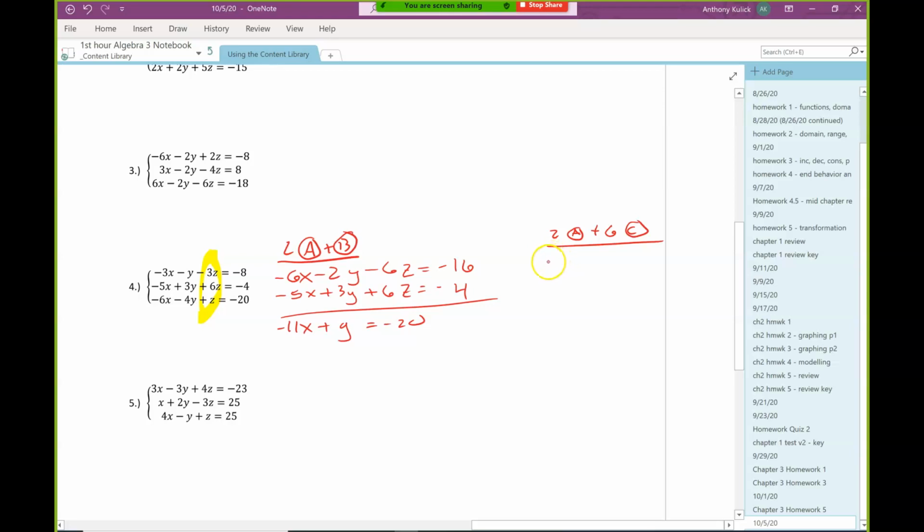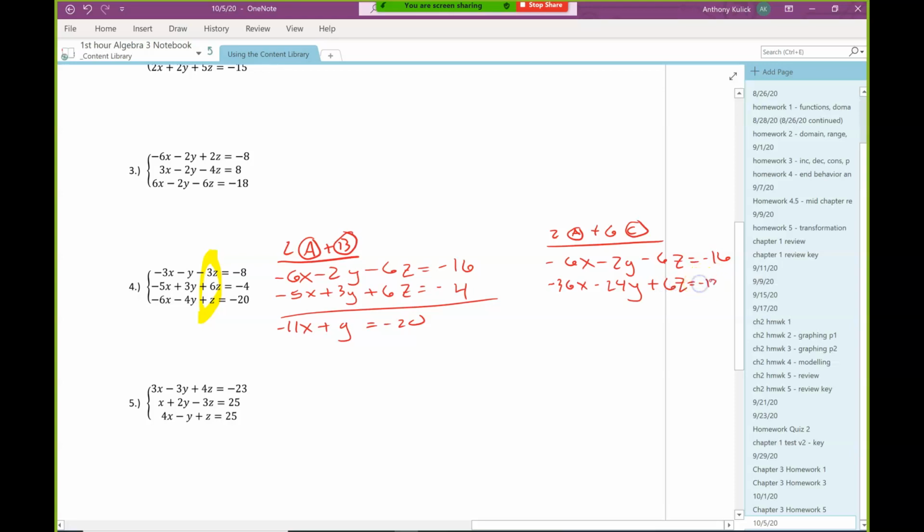And then 2 times a is the same thing that we just wrote down, so I'll just recopy that real quick. And then 6 times c, so 6 times negative 6 is negative 36. 6 times negative 4 is negative 24. 6 times z is 6z.